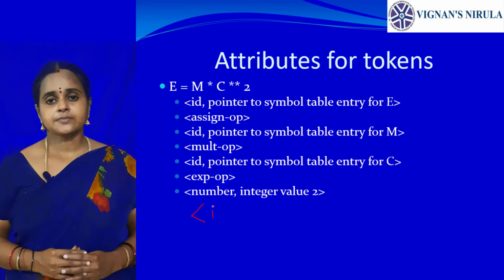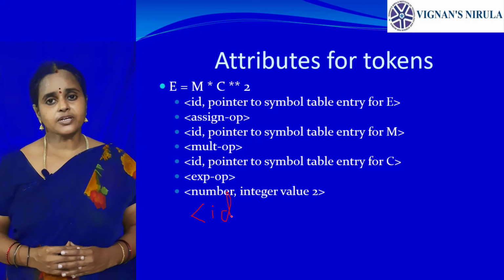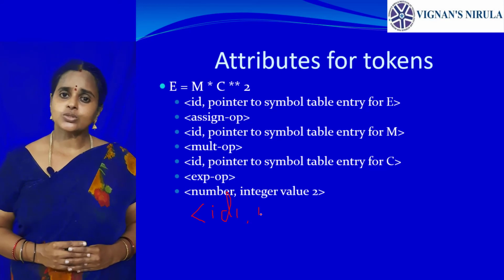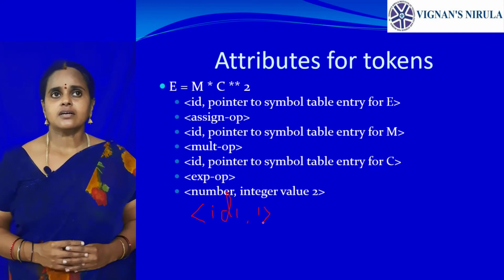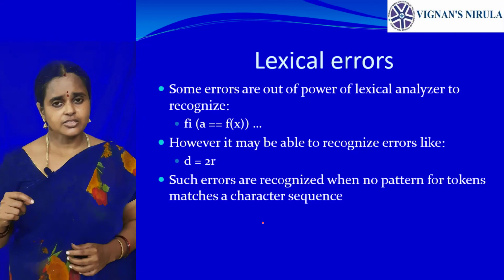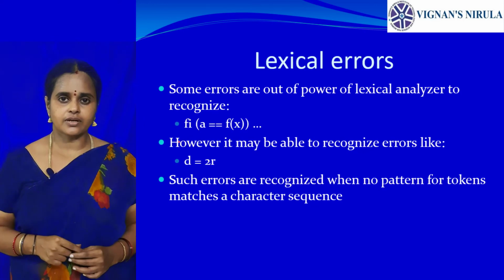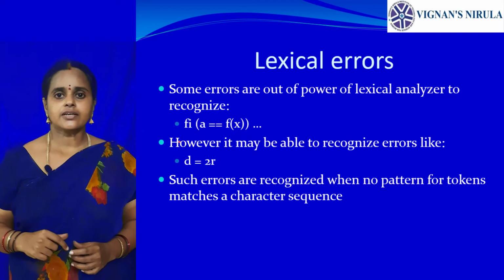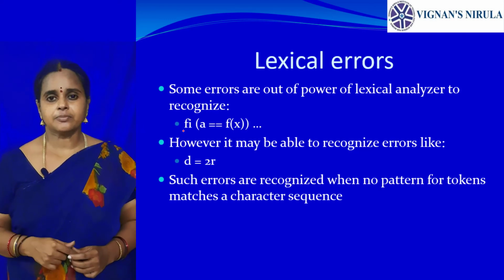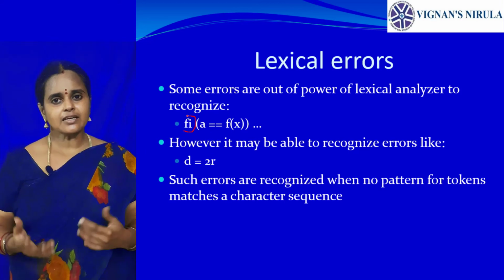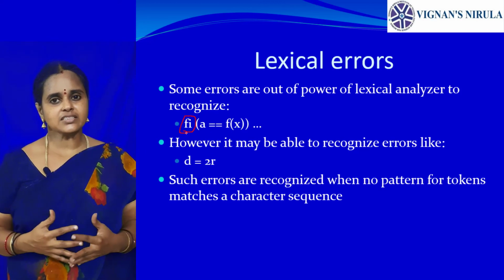My dear students, a very important concept here is that by mistake the user may enter F I instead of giving I first in the if keyword. Then in what way does the lexical analyzer think about that?